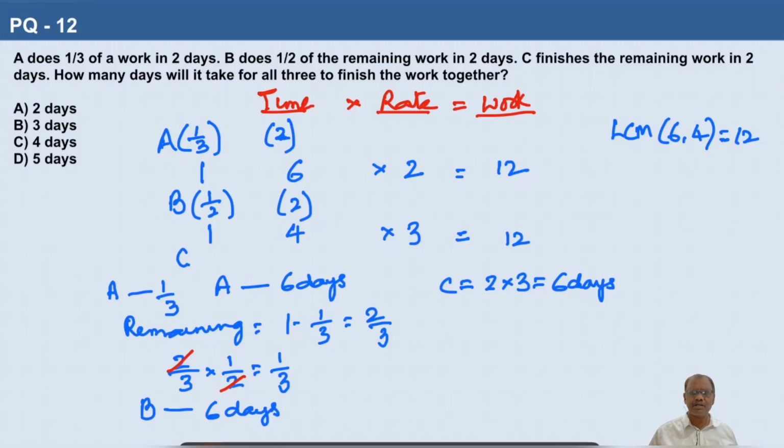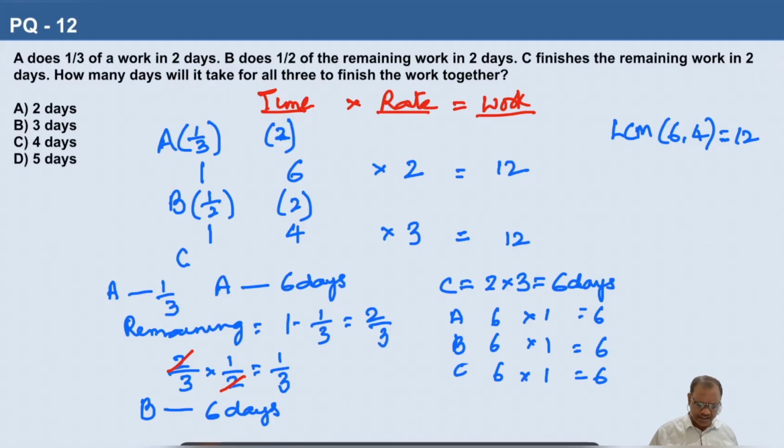So when all of them are working together, let us write here A, B, C. The time taken by them is 6, and the LCM is also 6. It is divisible by 1 time.